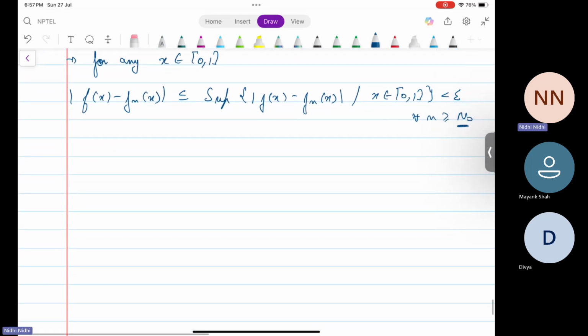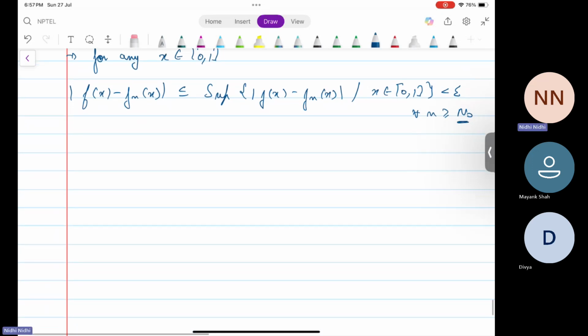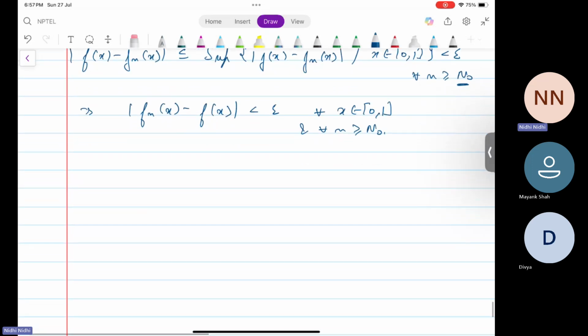So this is suggesting uniform convergence. We have |f_n(x) minus f(x)| strictly less than epsilon for all x in the closed interval 0 to 1 and for every n greater than or equal to n naught. This is the definition of uniform convergence.